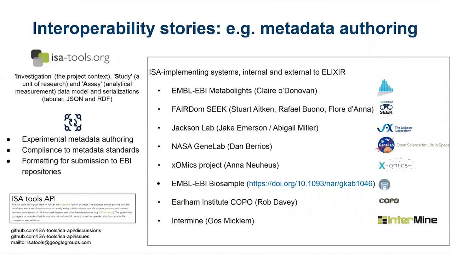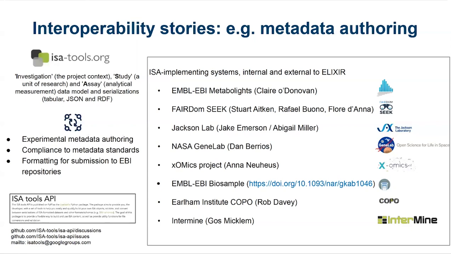For example, we need to be able to ensure that the different metadata authoring tools, so these are tools that help researchers to describe the experiment, to describe the subject of the experiment, to describe the type of assay that has been done, the type of measurement, the result, etc. And so the descriptor of the experiment, and there are many of those, and it's important that there are many because they serve different purposes, but it's also important that the description of this experimental reporting is anchored to a relatively similar format where the detail can be added, and all these different tools can use the similar format.